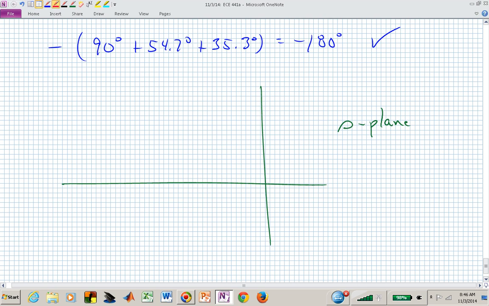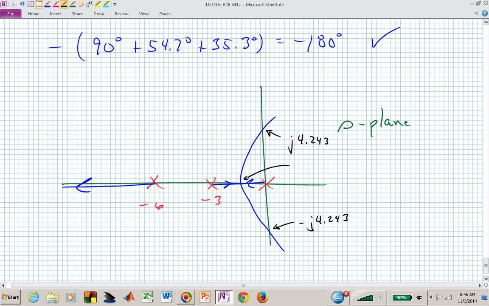We now have these two coming together at 1.3. They cross at j 4.243 and minus j 4.243.